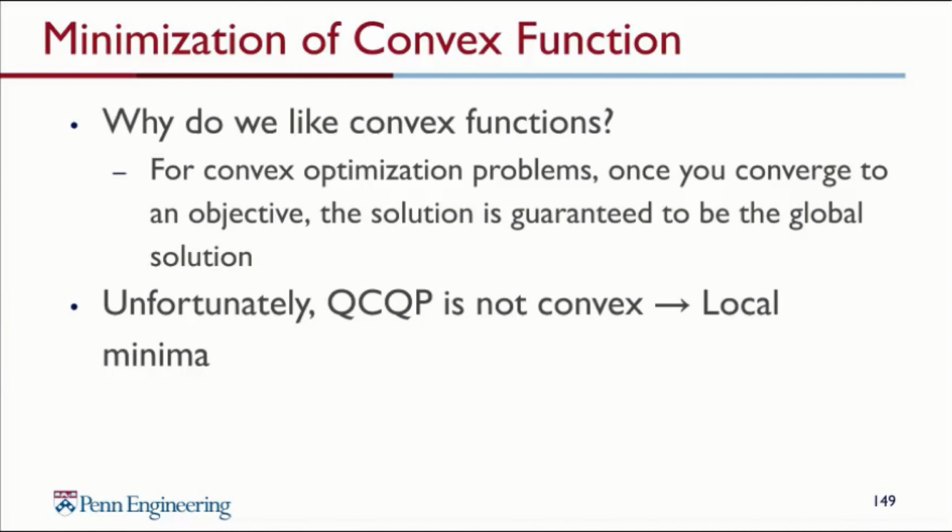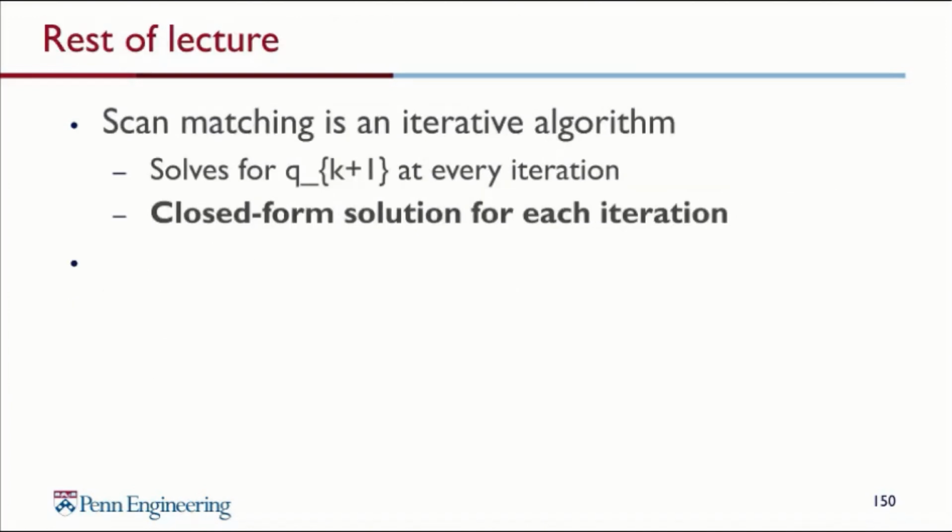So the only guarantee that we have is that we have reached some local minimum. However, all is not lost, in that scan matching itself is an iterative algorithm that solves for the next best solution. And at every iteration, fortunately, we have this closed-form solution that makes the algorithm much more efficient.